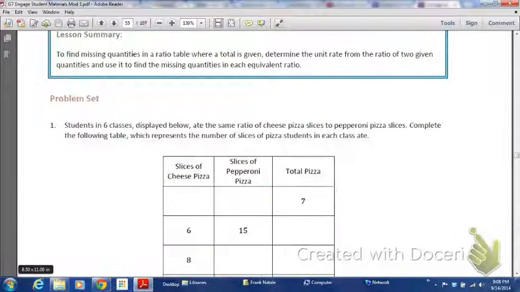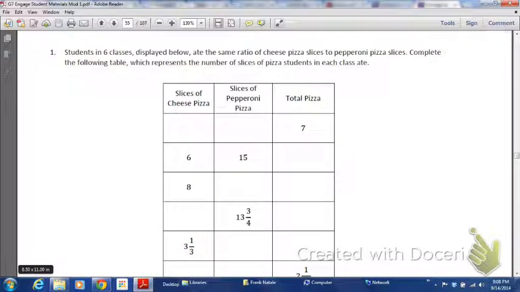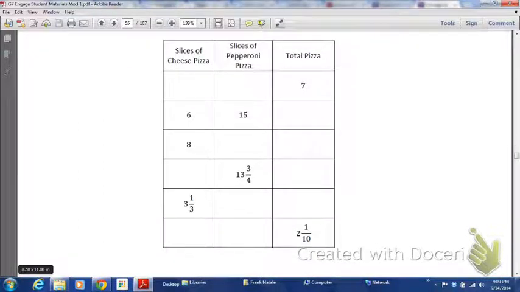So as you can see, here's a problem set. Your first question here: students in 6 classes displayed below ate the same ratio of cheese pizza slices to pepperoni pizza slices. Complete the following table, which represents the number of slices of pizza students in each class ate. You have 6 different scenarios, scenario 1, 2, 3, 4, 5, 6.